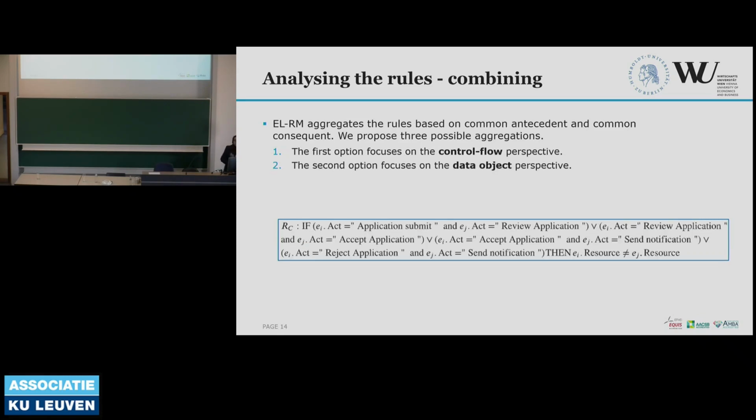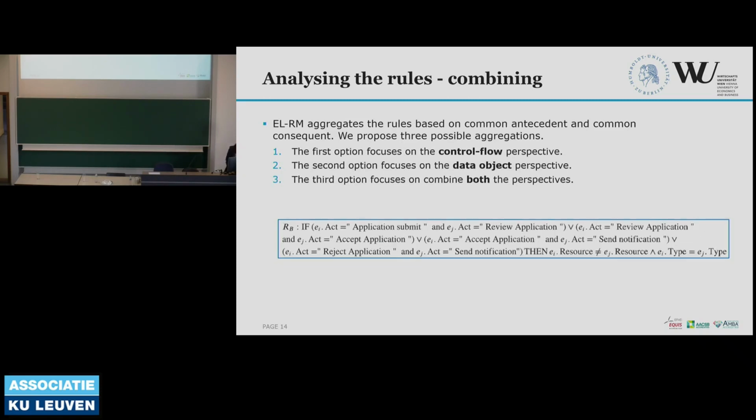The second one is a data object perspective, where we care about the change from the data, like when the resources are not equal, which event sequences can lead to this type of change over the resource. And in this case, all the antecedents will be in an OR relation. And the last one, to really reduce the number of the generated rules, we combined both sides. We combined the antecedents and the consequences.